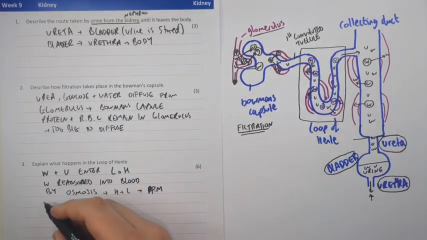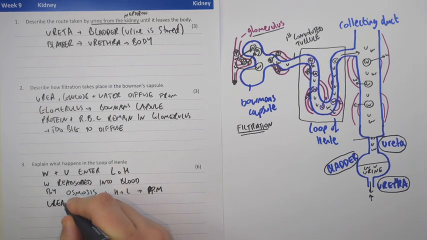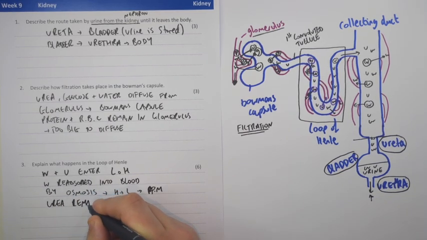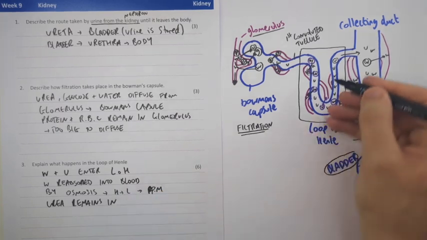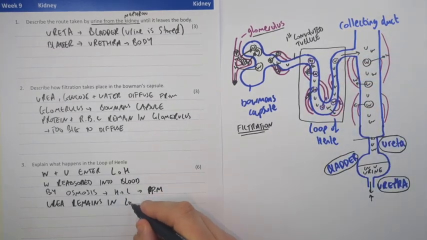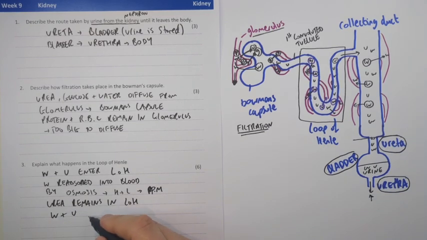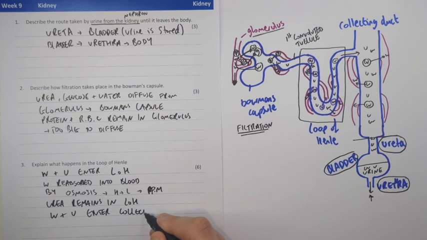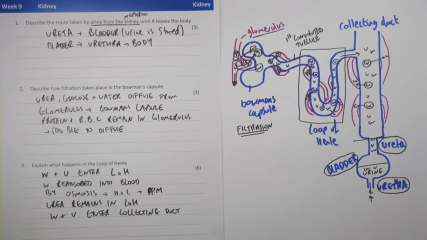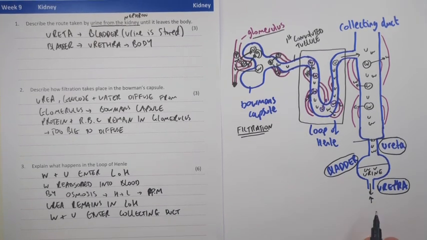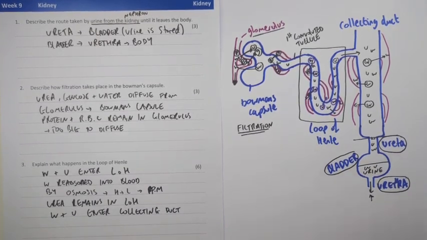And then urea remains in the loop of Henle, and then water and urea enter the collecting duct. Okay, so that's what happens there. Let's just recap.